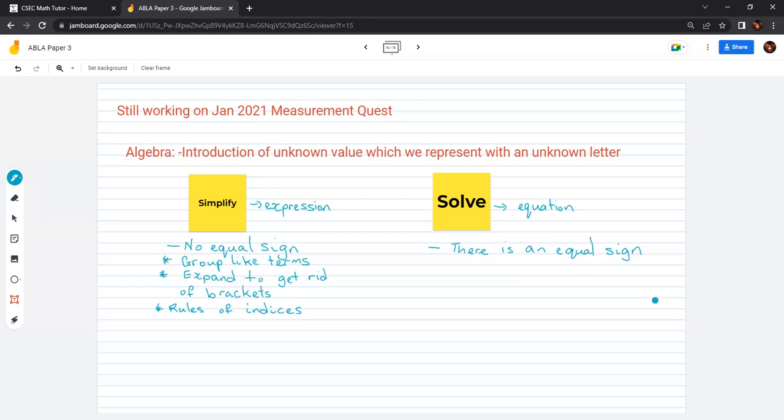For simplifying, we have to know about grouping like terms, expanding to get rid of the brackets, and rules of indices. Same thing with solving.